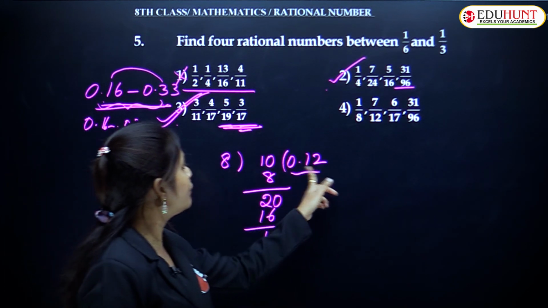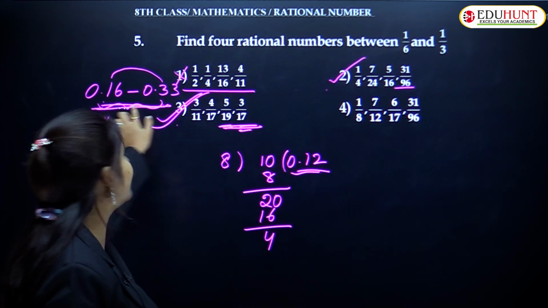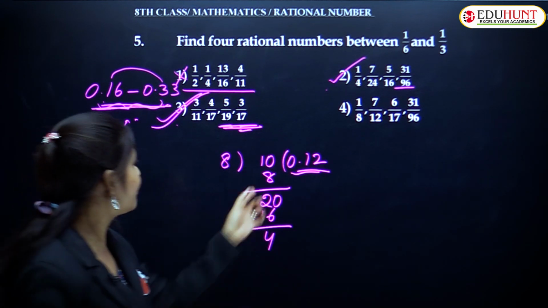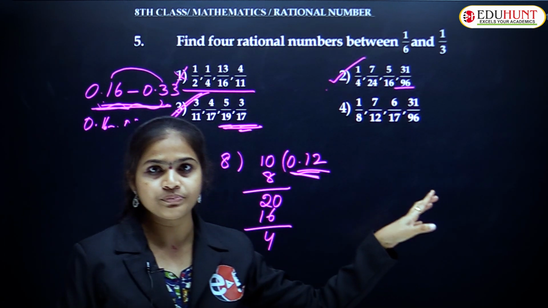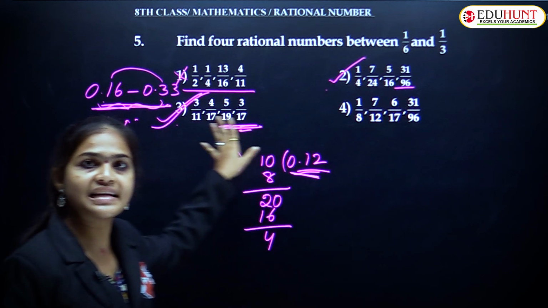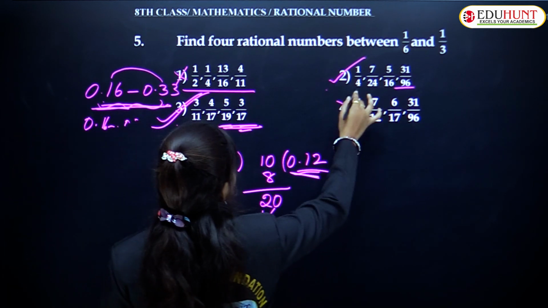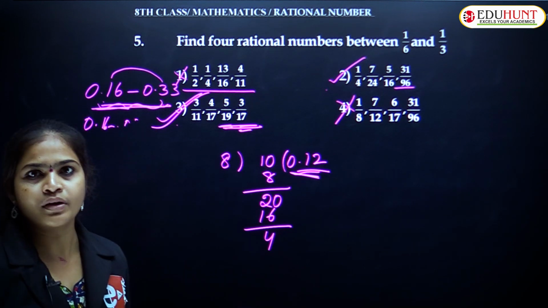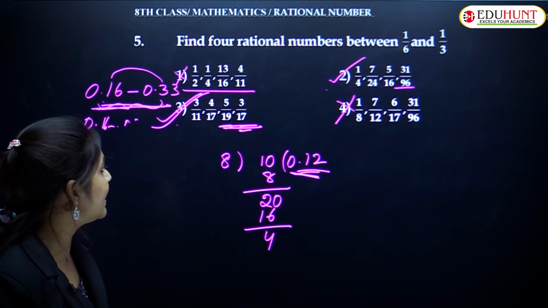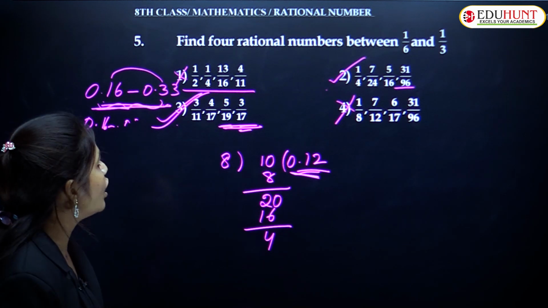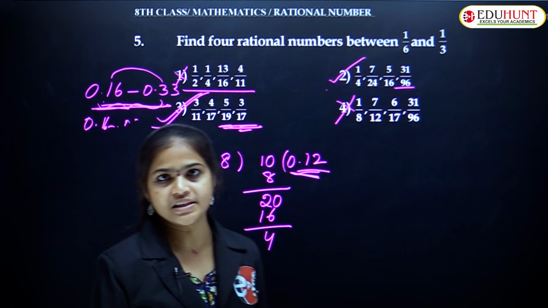And here 0.12 is there, but we require numbers after 0.16. So 0.12 is less than 0.16. That's why this option is wrong. No need to check the leftover. Why? Because 1 by 8 is not satisfying this condition. Understand? So that's why options 2 and 3 are the correct options here.